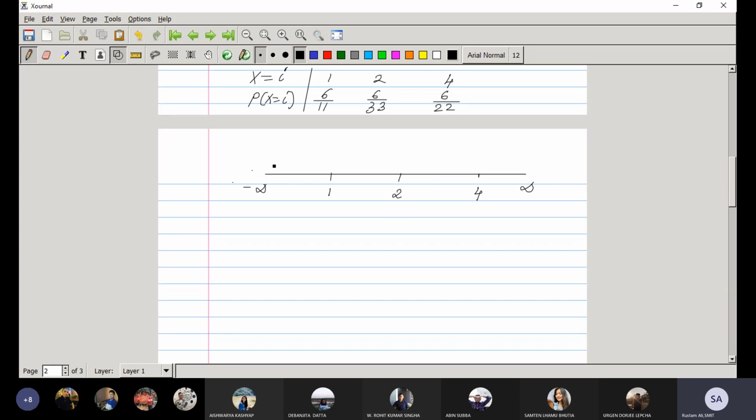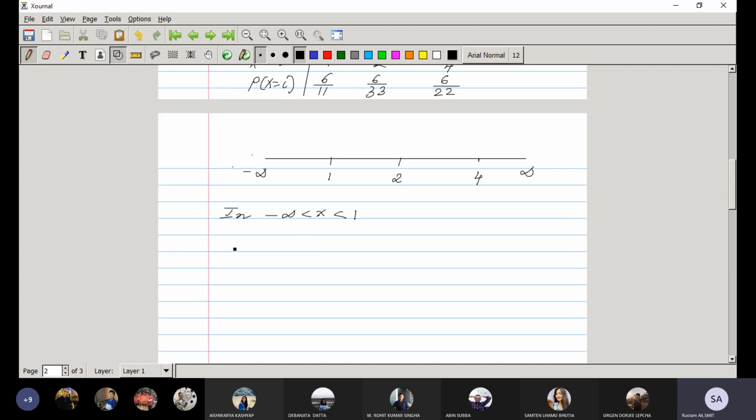First range: suppose your movement is confined between minus infinity to just before 1. So minus infinity less than capital X less than 1. Sorry, not less than or equal to 1, you cannot stand at the point 1. What will be capital Fx?